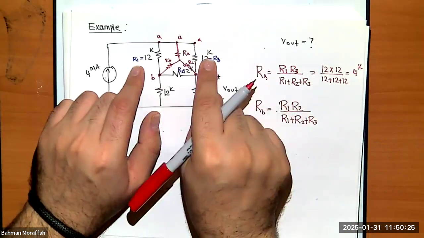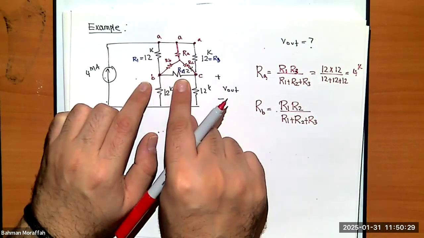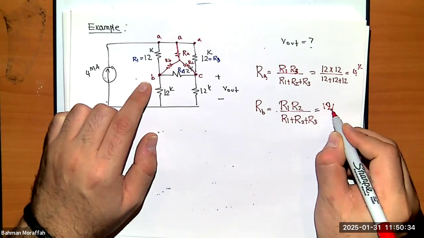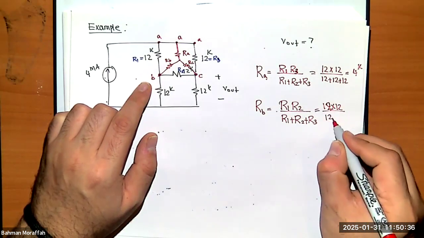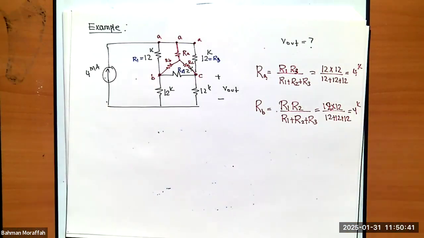RA is between R1 and R3, so I have R1 R3. RB is between R1 and R2, so I have R1 R2. Again, it's 12 times 12 divided by 12 plus 12 plus 12, which is 4K. It's 144 divided by 36, which is 4.